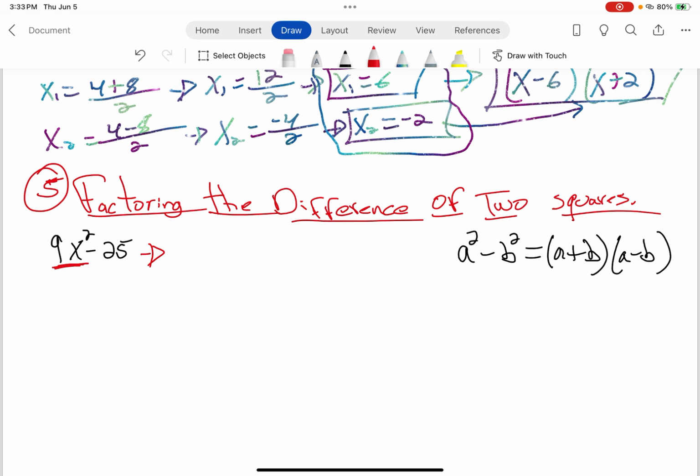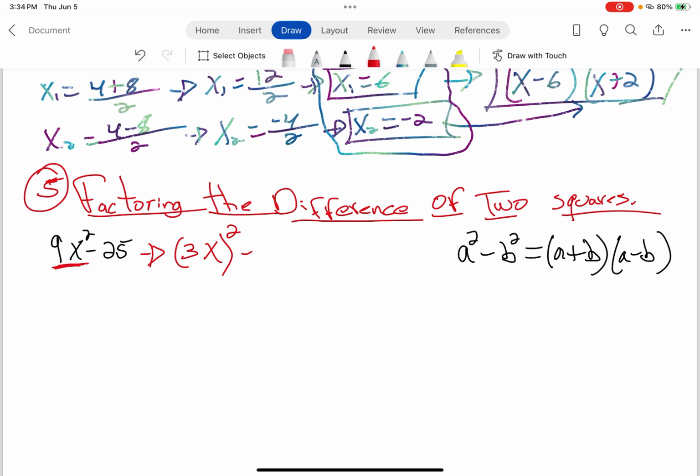The square root of 9, use your calculator, is equal to 3. So 3, and then you write the x, and now the square outside. Now you can apply the square to the whole term. And then minus 25.